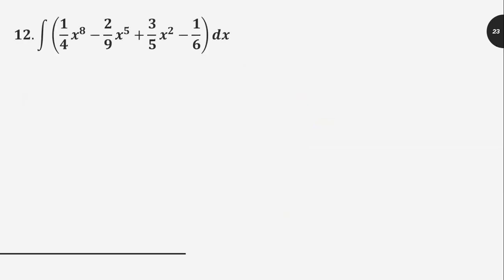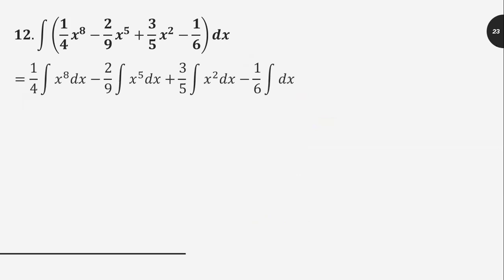For the last item, if you are given that one, simply apply the sum and difference technique. So it becomes 1/4 the integral of x raised to 8 dx, minus 2 over 9 integral of x raised to 5 dx, plus 3 over 5 integral of x squared dx, minus 1 over 6 integral of dx. And then we integrate each.